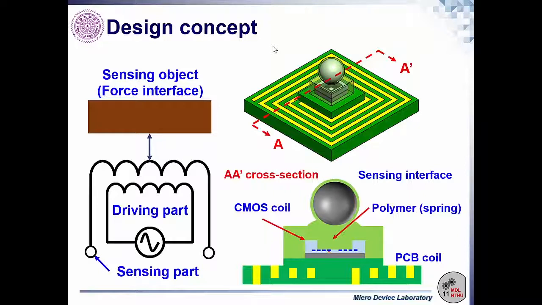At the same time, an induced AC voltage will form in the sensing coil. Similar to the previous tactile sensing, when the sensing object approaches the sensing coil, the induced voltage will also change. Hence, we can analyze the normal loading applied on the device.